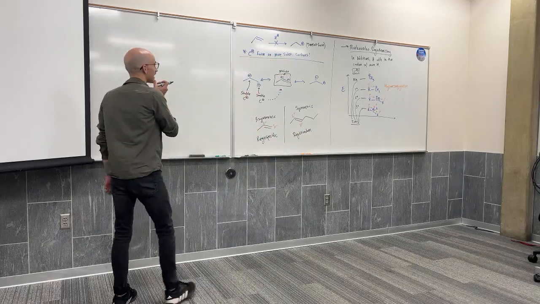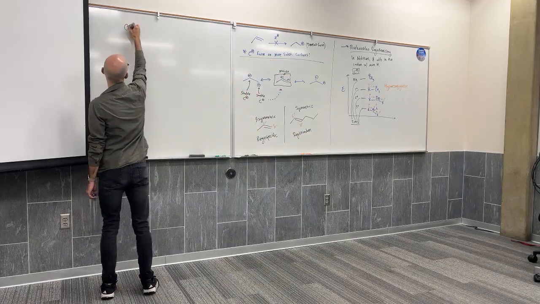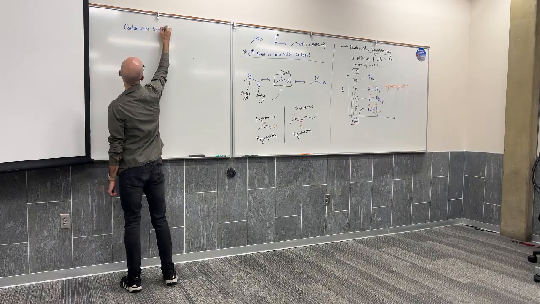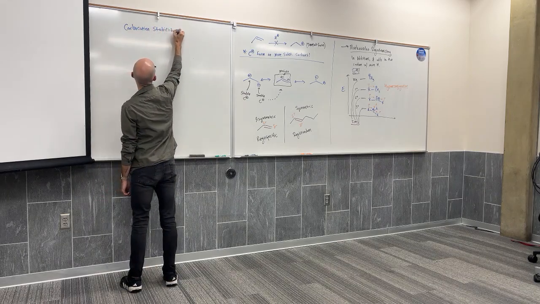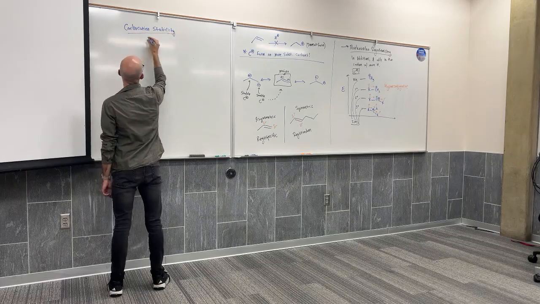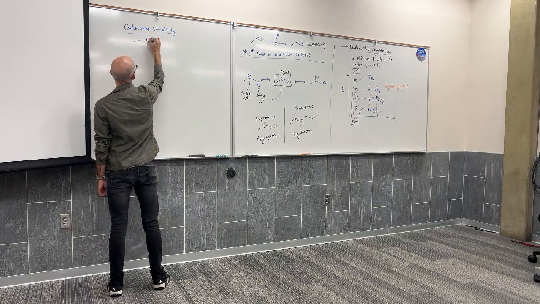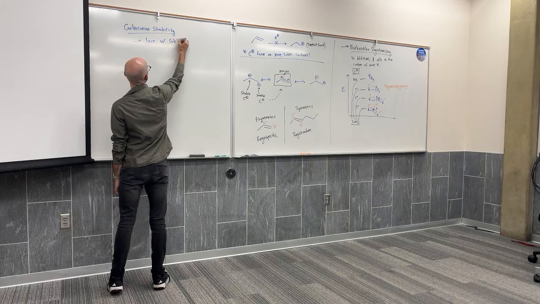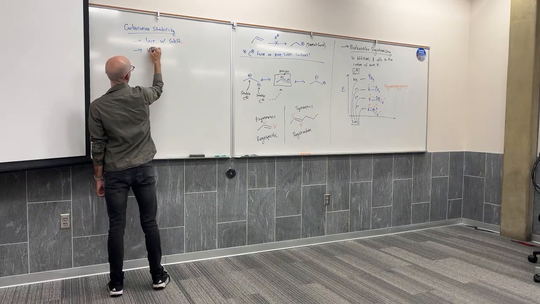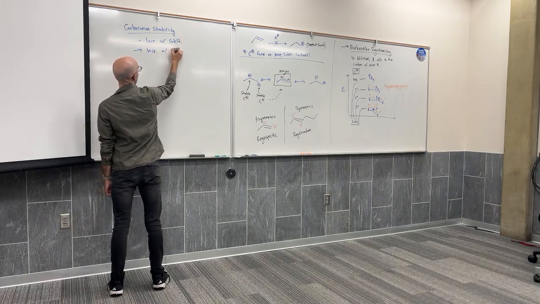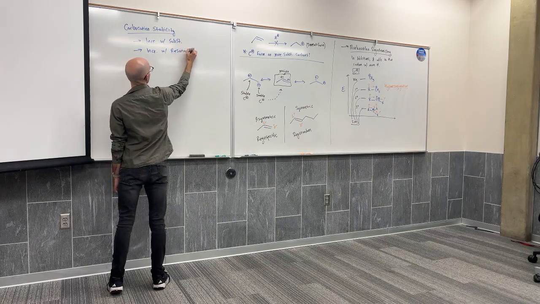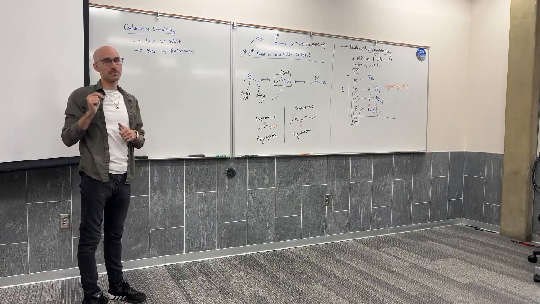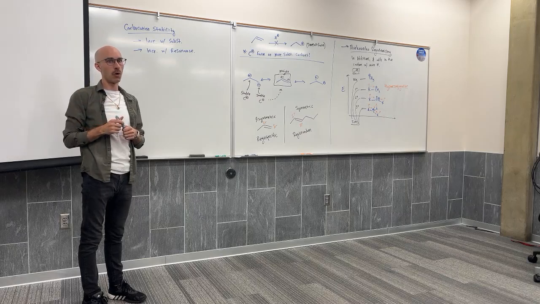All right, I want to summarize this one more time for us. Carbocation stability increases with substitution, but it also increases with resonance. And in fact, resonance plays a very important role in it.